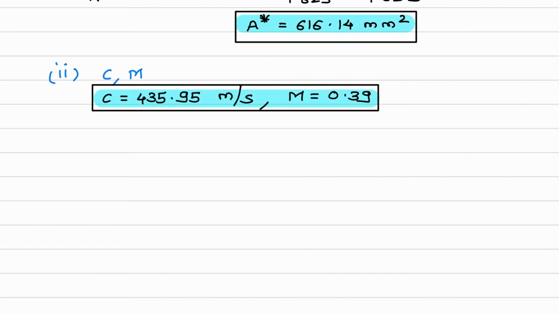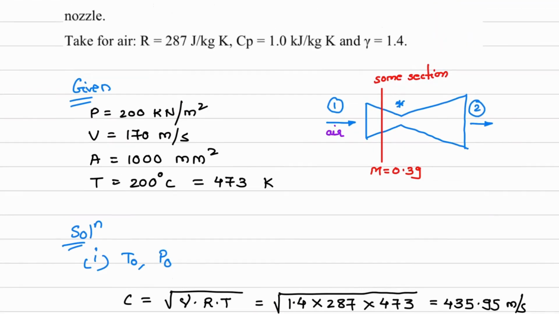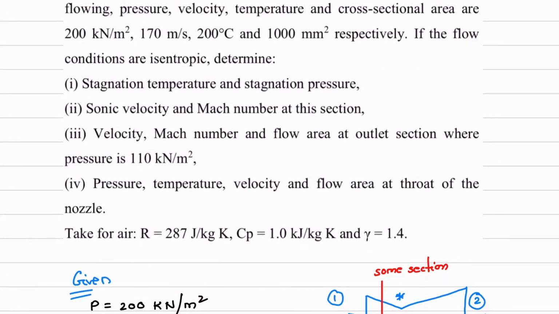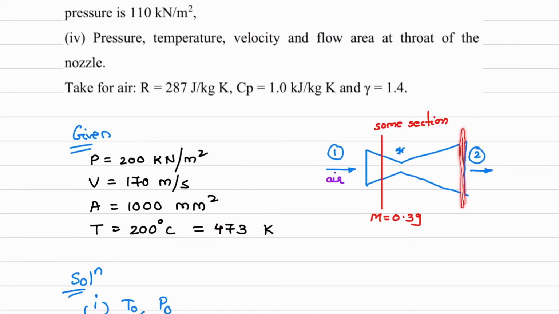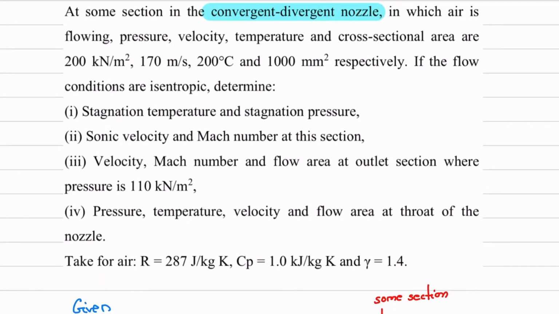Now what is the third sub question? We will see that. The third sub question is velocity, Mach number, and flow area at the outlet section where pressure is 110 kilonewton per meter square. Now what is given in the question? At exit, this P2 pressure has been given, and we have to find velocity, Mach number, and flow area at the outlet section.